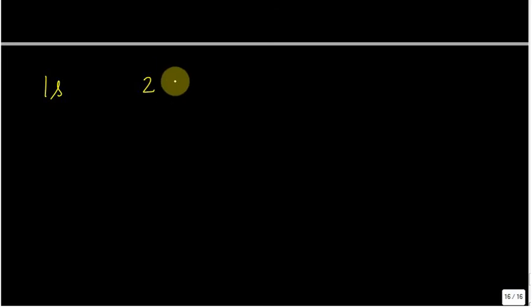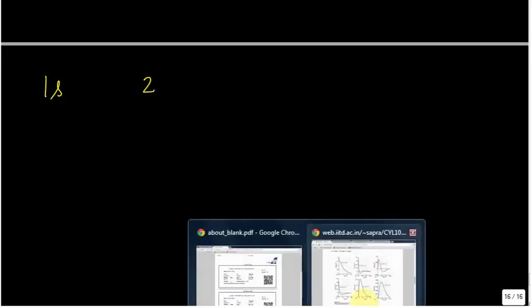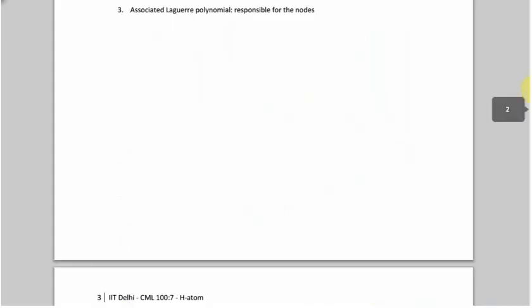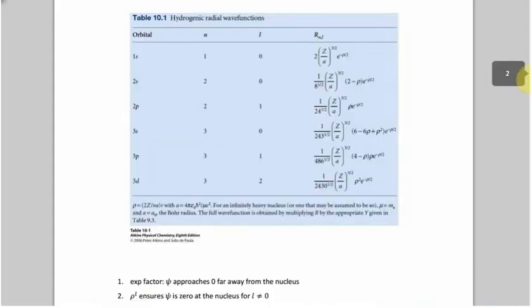No? This table, I'll maybe put it up here rather than writing everything. So the first wave function is 2 into z by a to the power 3 by 2 e to the power minus rho by 2. Rho to the power L, and L was equal to 0.